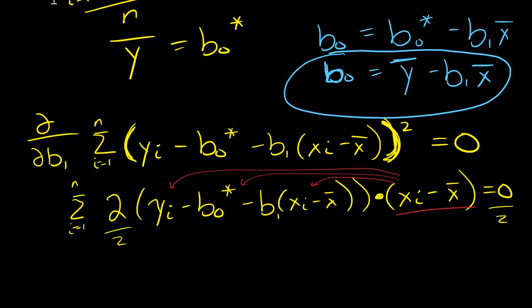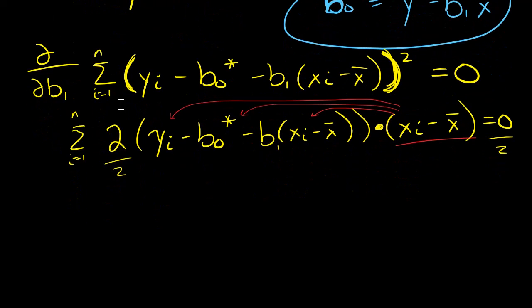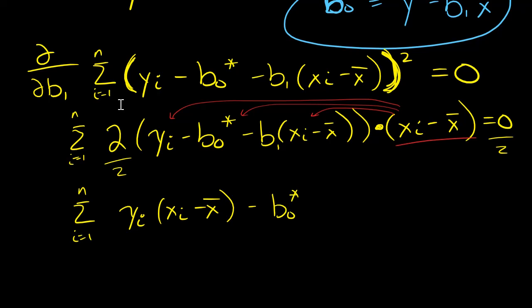So when I distribute, I'll have the sum of yi times xi minus x bar, minus b naught star times xi minus x bar, minus b1 times xi minus x bar squared. You set that equal to 0.